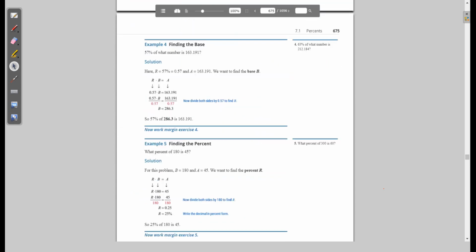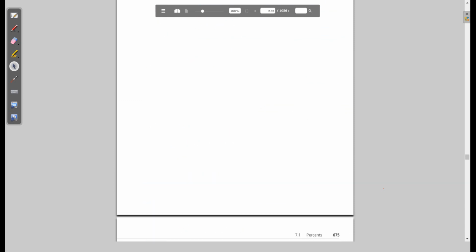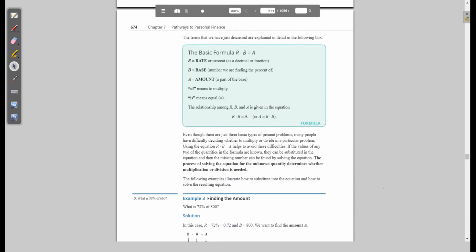Since the textbook is giving you this formula to go about solving these percent problems, I'm going to let the textbook have its preferred method.